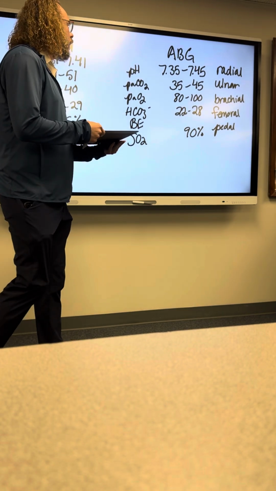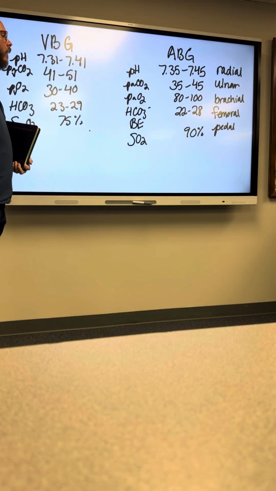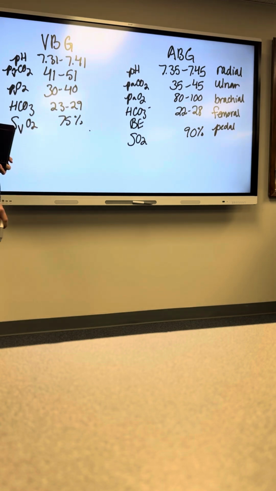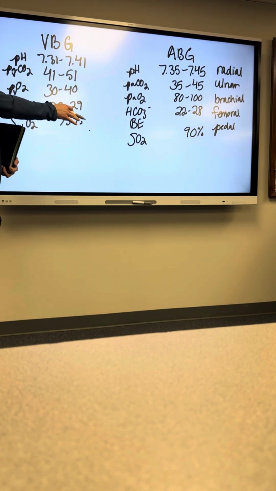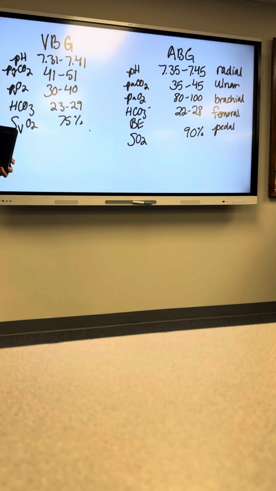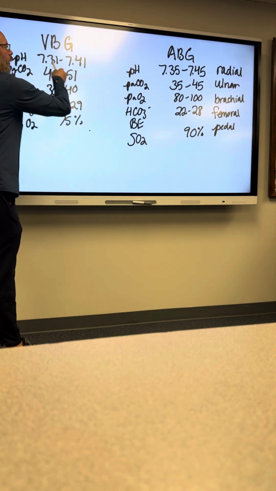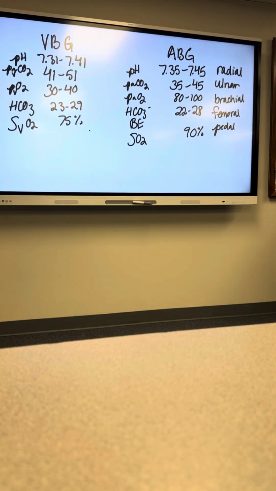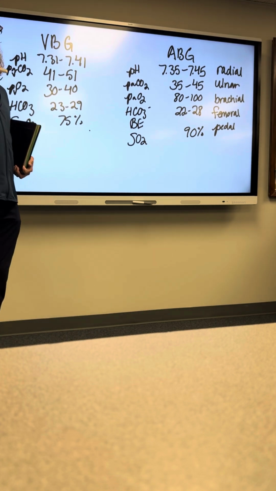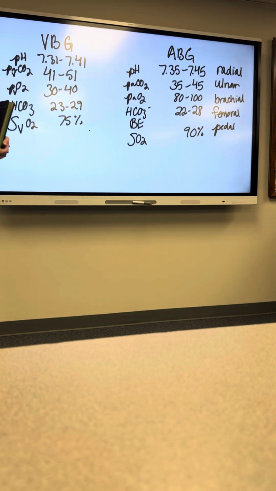So if you're not needing to know the exact PaO2, because there's such limited options on arterial and where to get it, then it's perfectly acceptable to get a VBG and probably the better thing to do. You see the values are a little bit lower on the pH. That's because the blood has been consumed and used through cellular reproduction and digestion in the body, and it's needing to come back up and be reoxygenated.